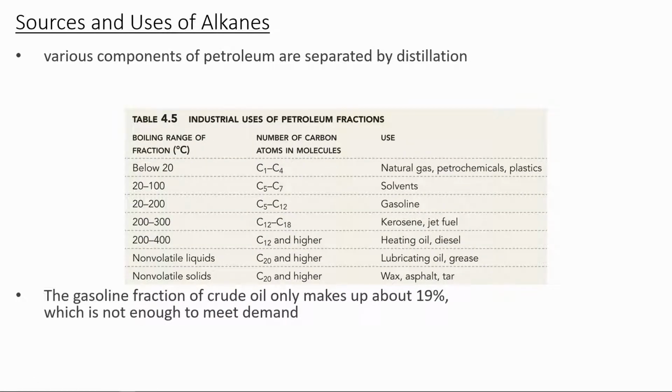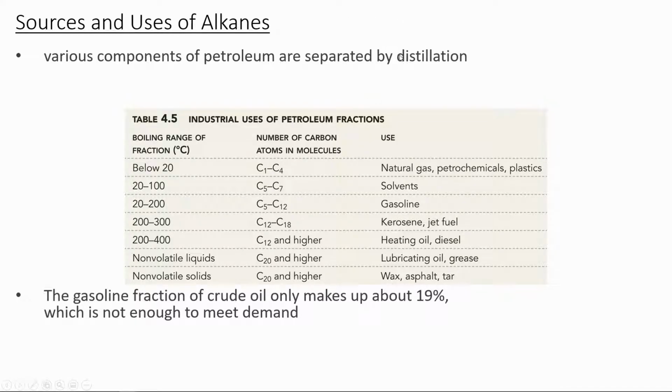In general, we're going to have a lot of alkanes used in industry, and these are all isolated from petroleum, from crude oil. So the different sizes of alkane we have are the different fractions of oil.